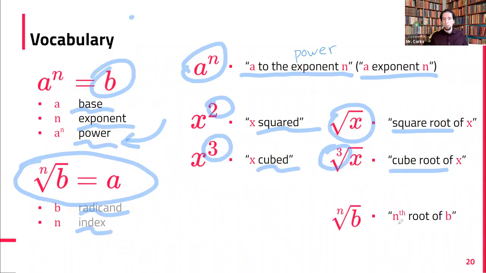More generally, this would be the nth root of a number, the 5th root of b, the 12th root of b, like that. So that's the vocabulary that we will need: squared, cube, square root, cube root, and then nth roots, or a to the exponent n.